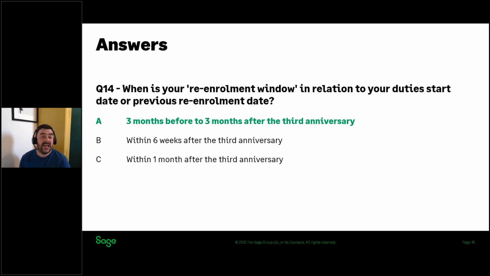Now, sometimes it can be the case that your re-enrollment date is after the pay date in that tax period, and that would mean that the contributions for employees being re-enrolled wouldn't begin until the following pay date. But you need to assess and re-enroll in the tax period that your re-enrollment date falls into, and you can choose a date within that 6-month window. So well done to those that got that one right.